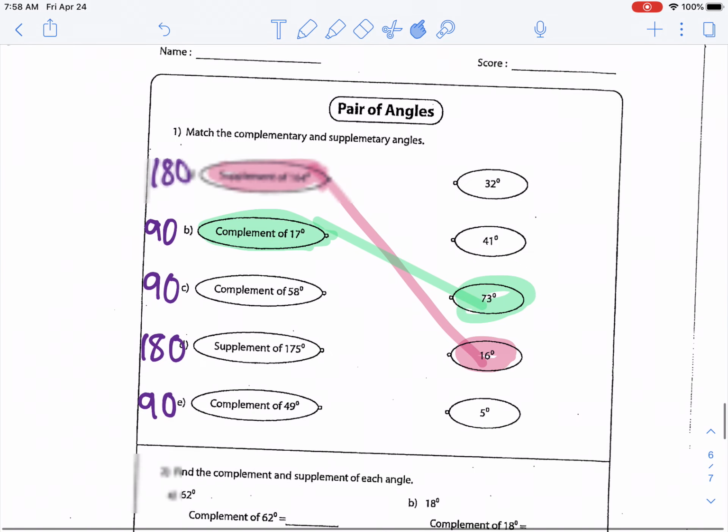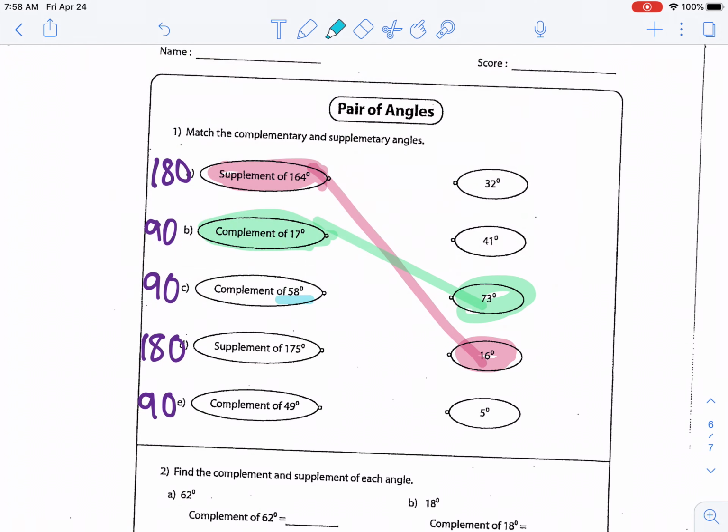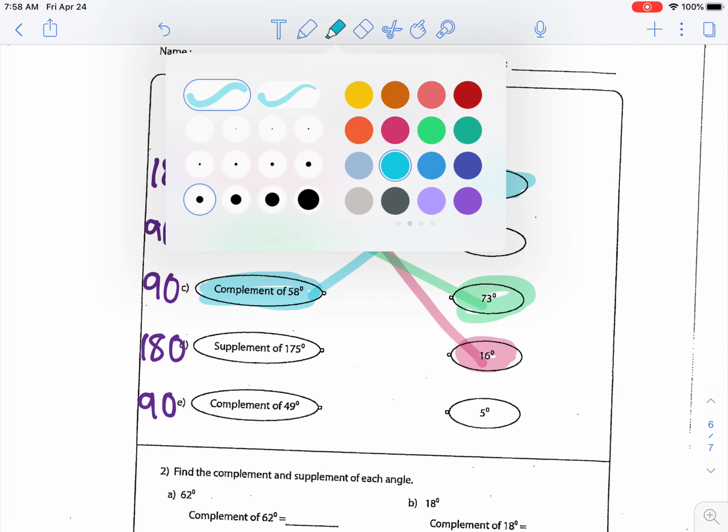That may help you to do that, okay? So now we're on the complement of 58, okay? So 58 plus what gives me 90? Or 90 minus 58 is 32, okay?